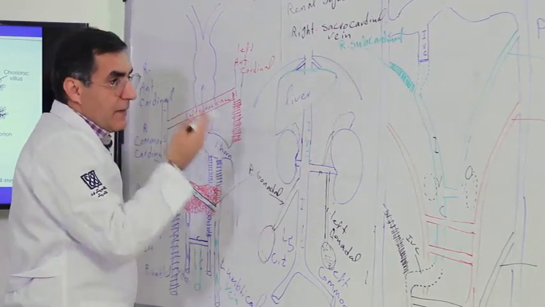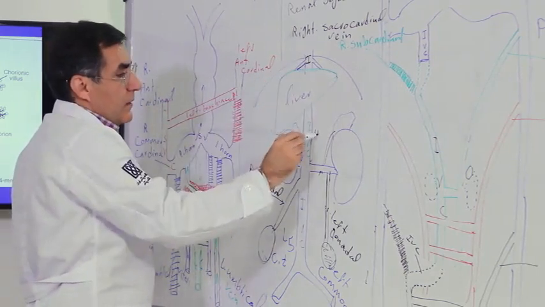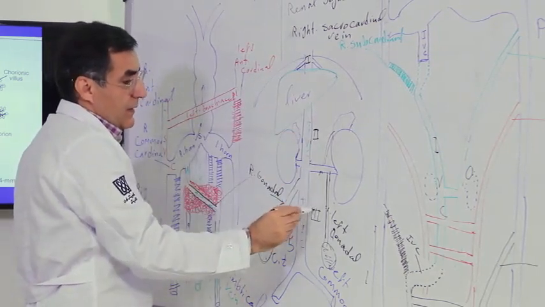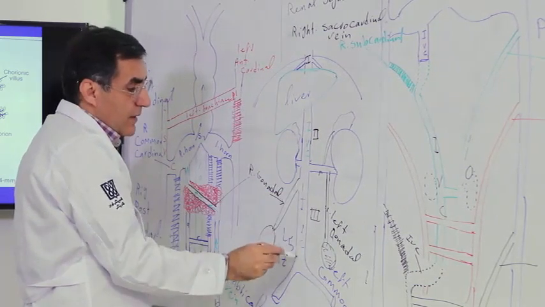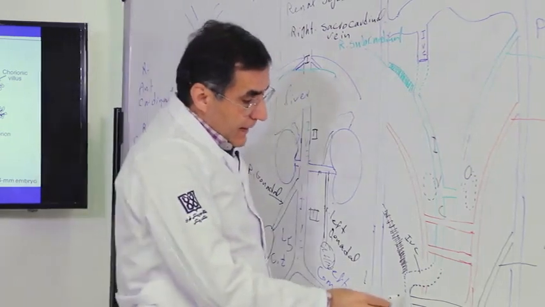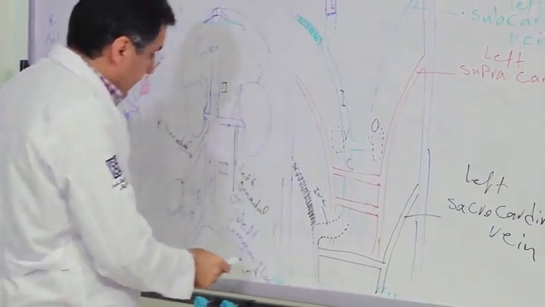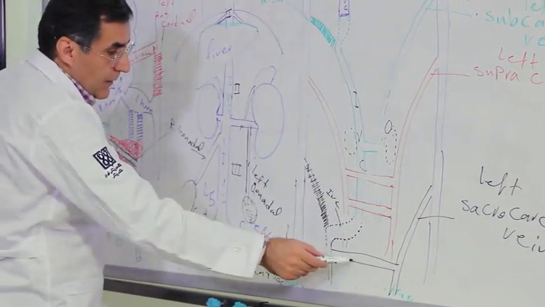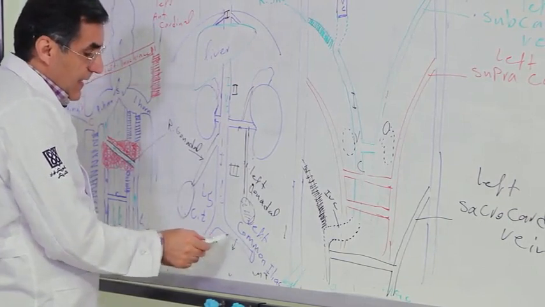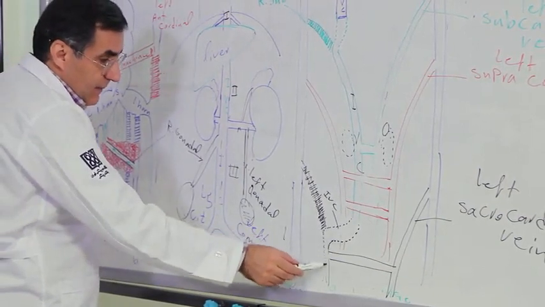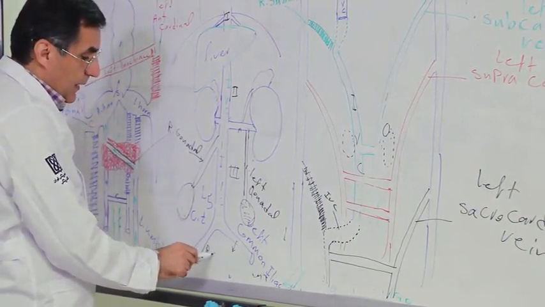It means that the IVC has 3 segments, the 1, the 2 and 3: right vitelline, right subcardinal and right sacrocardinal. The communication between the 2 sacrocardinal veins here makes the left common iliac, and the remaining part of the right sacrocardinal makes the right common iliac.